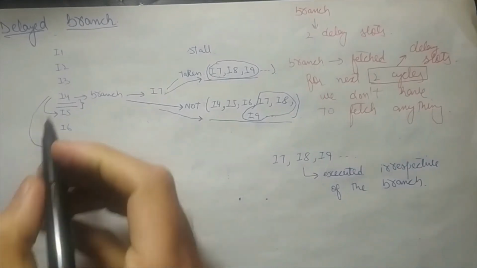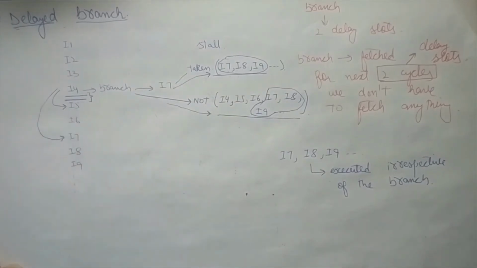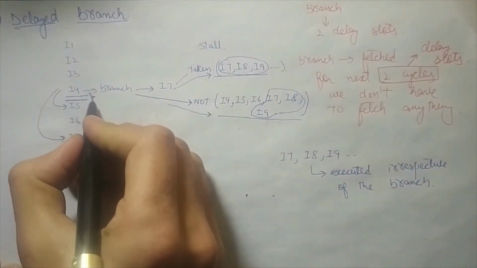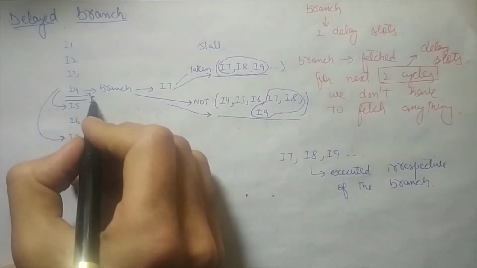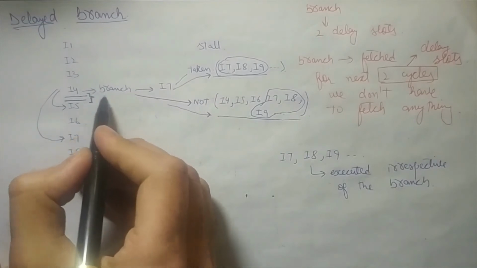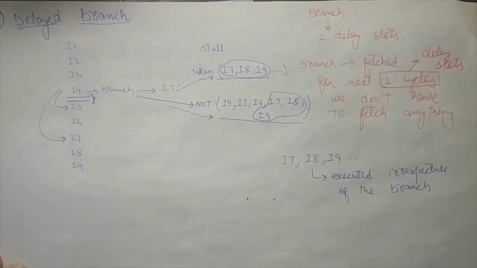So let's do one thing. In these two delay slots where we are not fetching anything, let's put those instructions which are executed irrespective of the output of this branch. But those two instructions should be independent instructions.